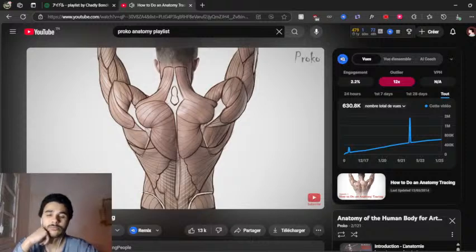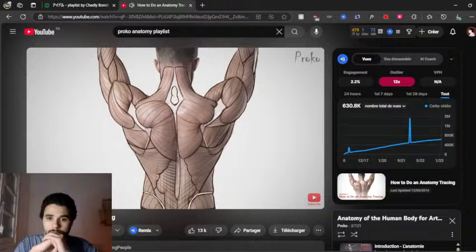If you don't know what the forms are that you're looking at, all those bumps and striations, then you don't know the anatomy of that area. So you need to go back and study it. So doing these tracings is really good to expose our weaknesses, and it's also just good practice of identifying the muscles and the bony landmarks and all the forms that you're seeing on the surface.